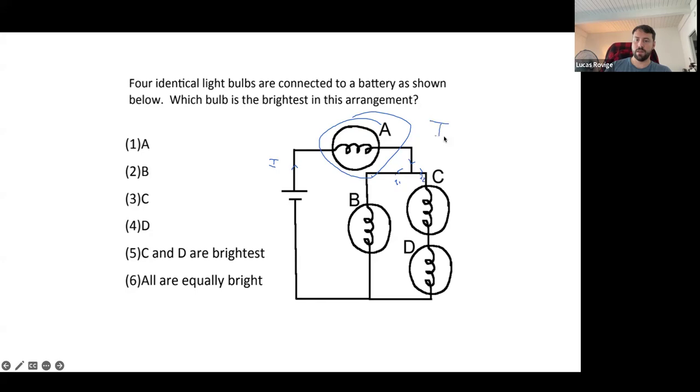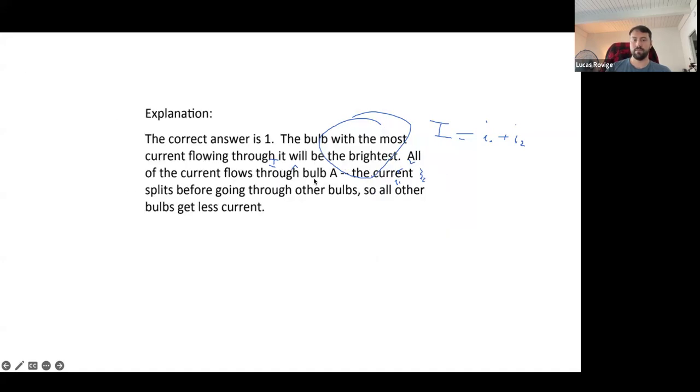So we have that I is equal to I1 plus I2. So we see that the current going through A is larger than either of those two currents, because some of the current is going through this, some of the current is going that way. And so obviously there's less current in each of those two parts of the circuit. So the brightest bulb will be the first one.